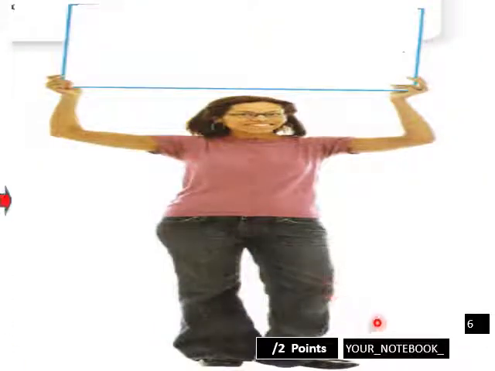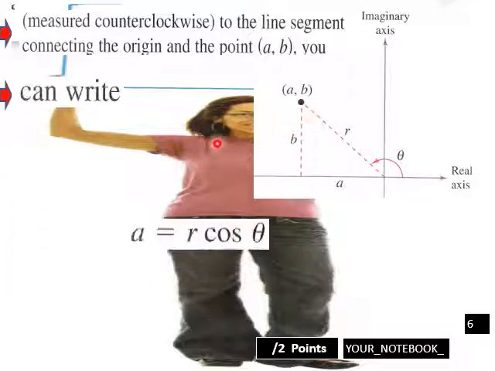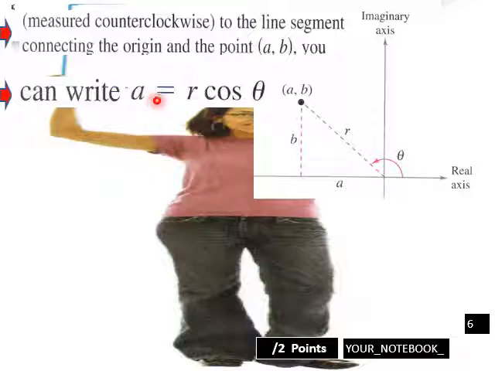Okay, so moving on here to page 6 of the notebook. Here's theta measured counterclockwise to the line segment connecting the origin to the point (a, b), which would be that line r. And so you can write a equals r cosine theta.